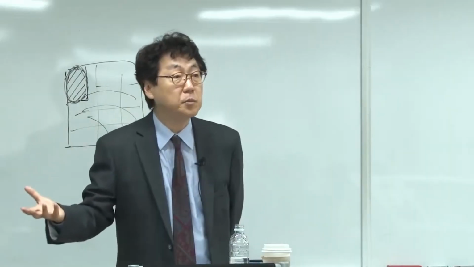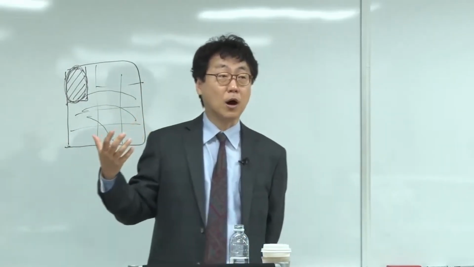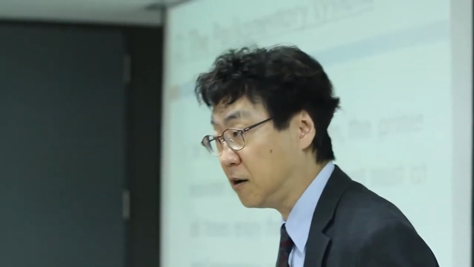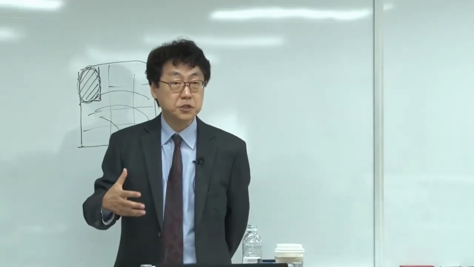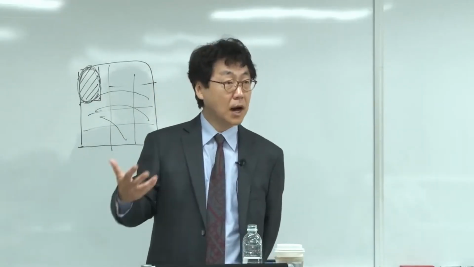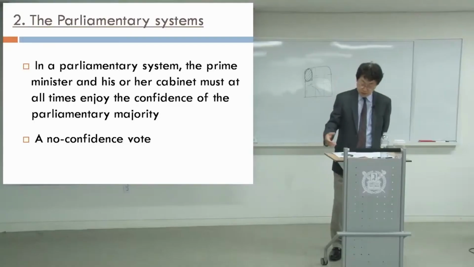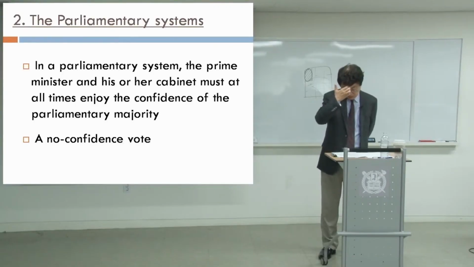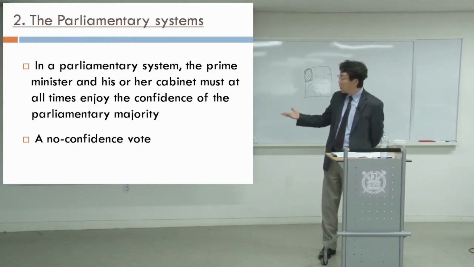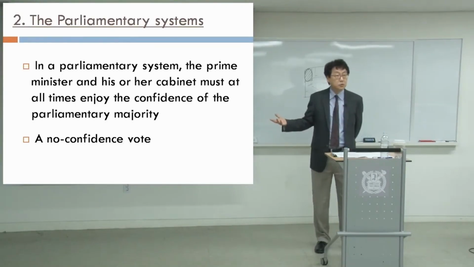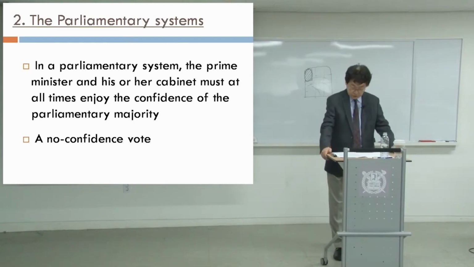If it carries, meaning if it gets support of the majority of the members of parliament, then current government collapses. And opposition has a chance to become the governing party. Therefore, usually no confidence motions are introduced by the opposition.